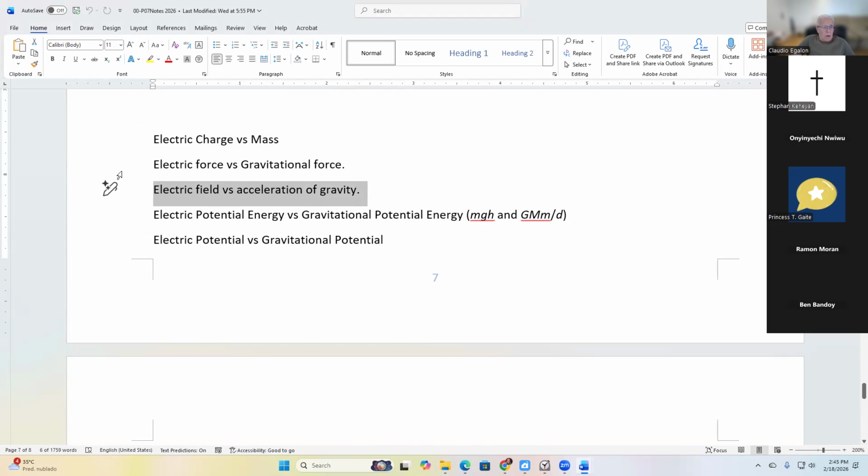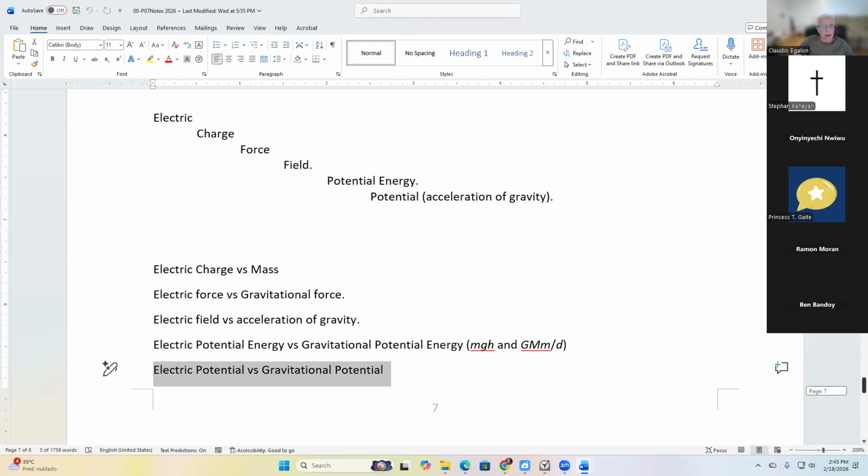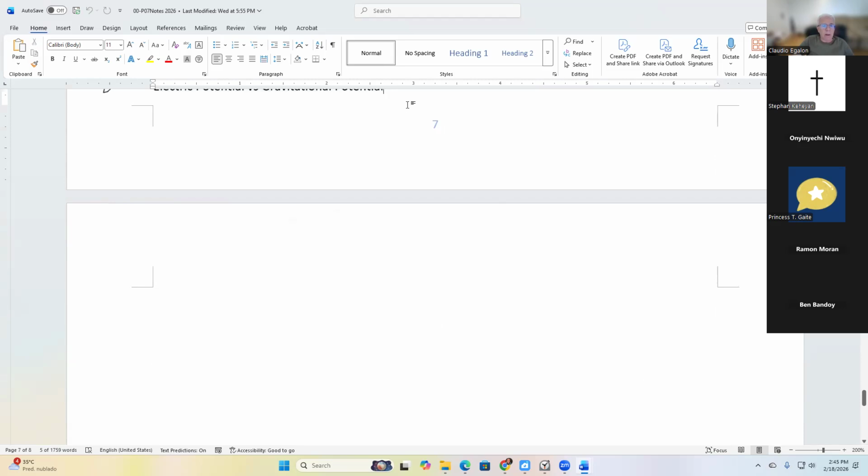We talked about the electric force. Now we're going to talk about the electric field. We need to know what the electric field is so we can understand today's lab. We also need to know about the electrical potential energy and the electrical potential for today's lab. That's where we left last time.